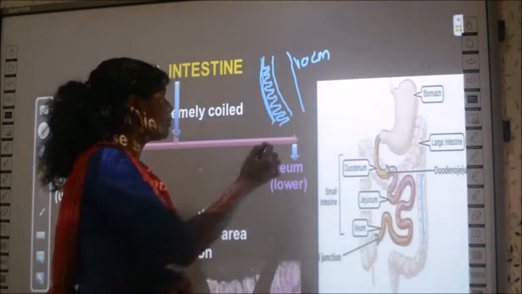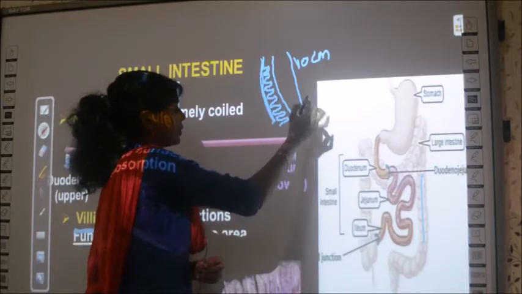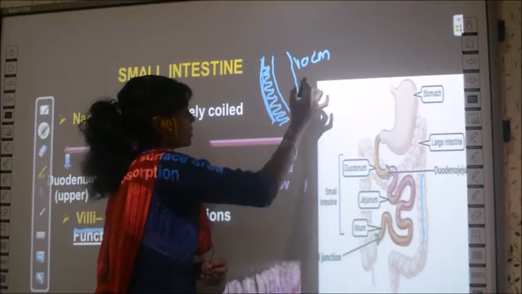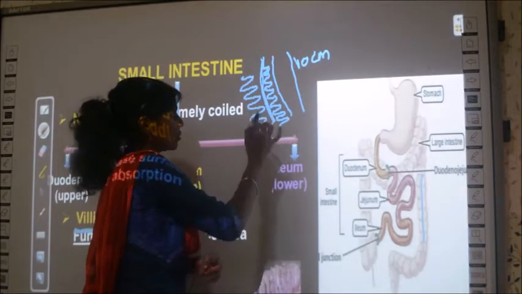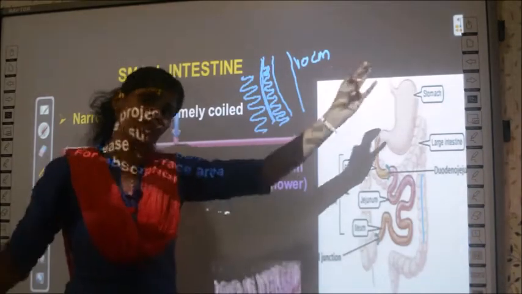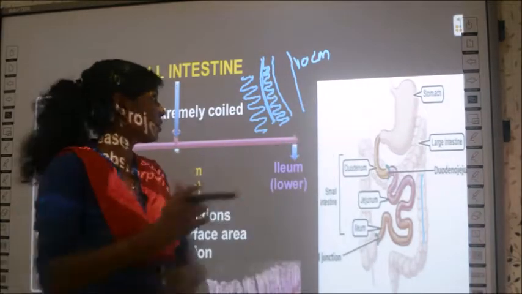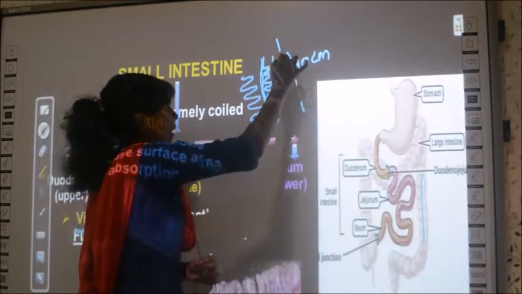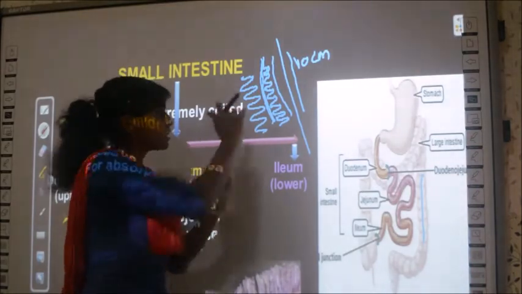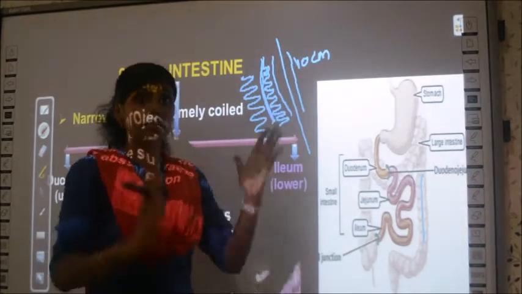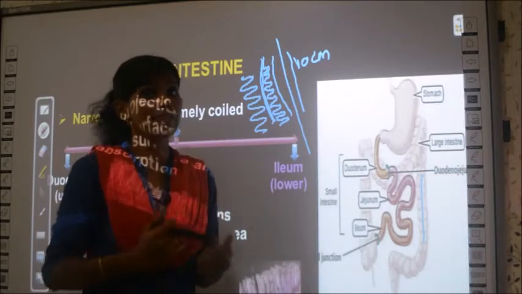At the same time, if you have finger-like projections like this, and you take this and stretch it straight, it will be very long, right? Definitely it will be longer than 10 centimeters. Take this finger-like projection, stretch it, it will have a larger surface area.